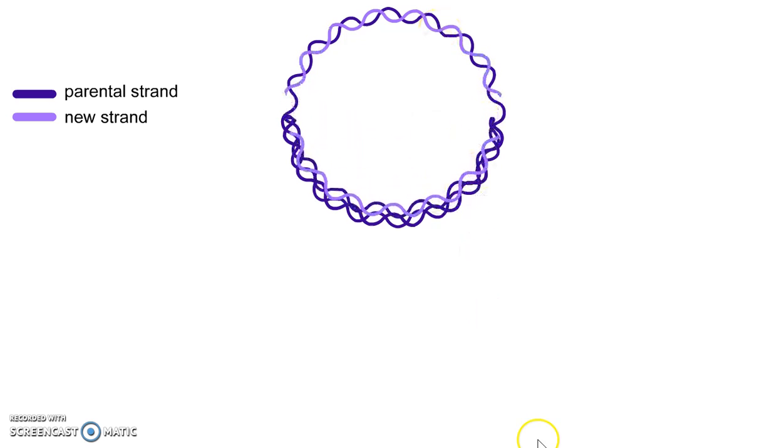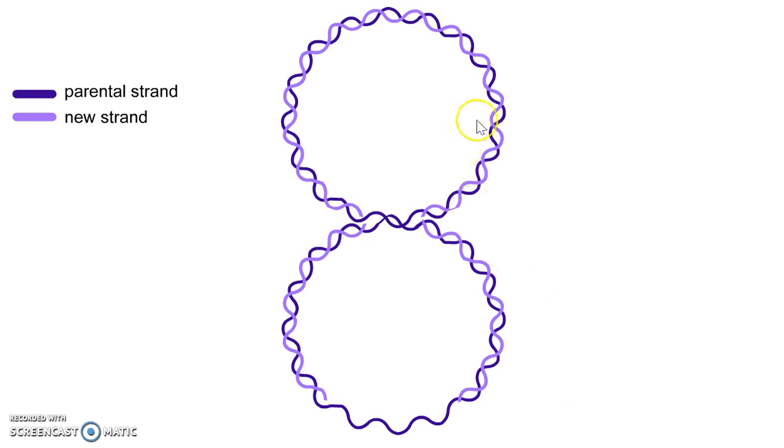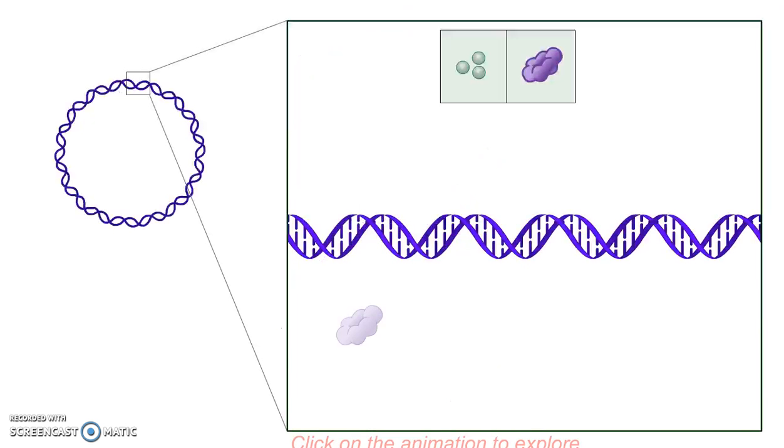And so if you look carefully at this process right here, what you can see is the new DNA molecules have one dark strand and one of these lighter purple color strands. So it's semi-conservative because DNA replication results in one old and one new strand in the DNA molecules that are made as a result of this process.